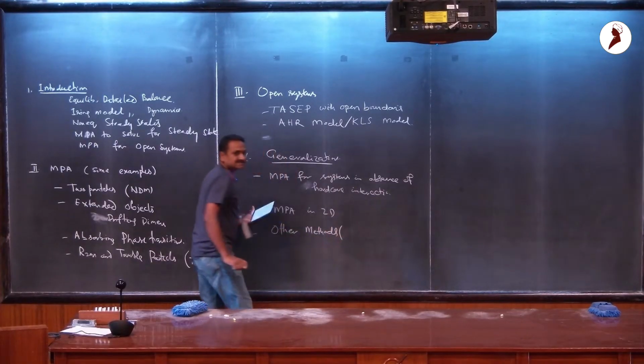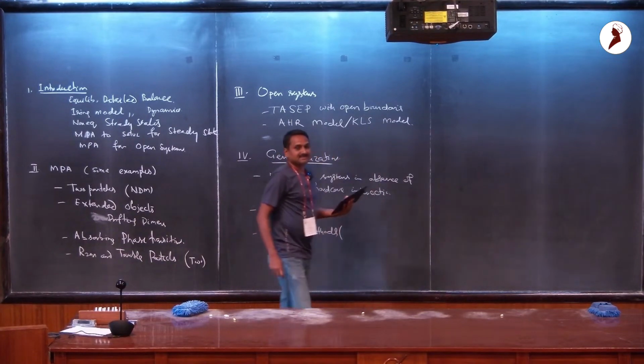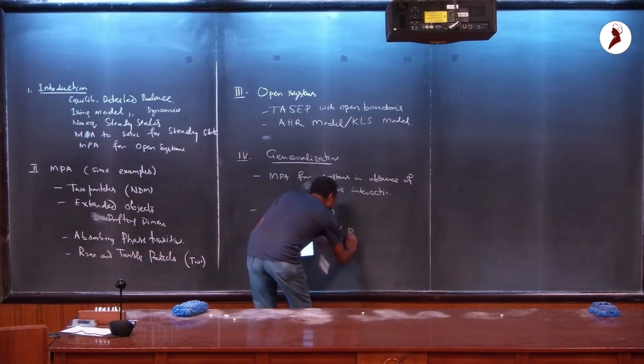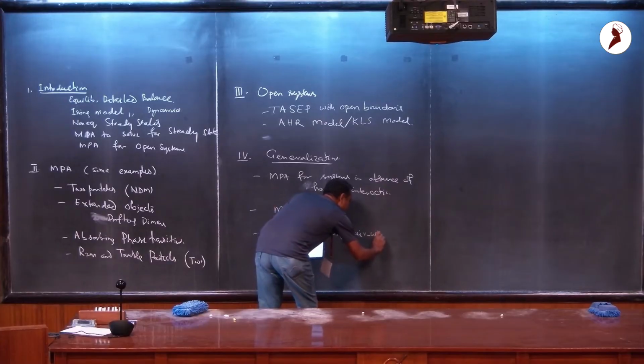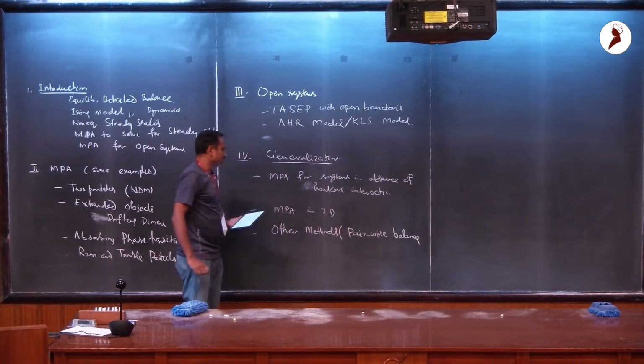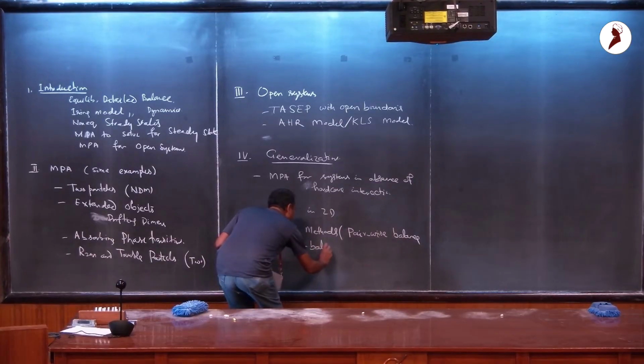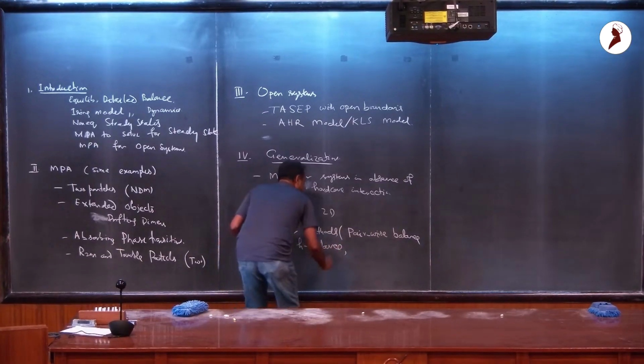So in other methods, there is something called pairwise balance. Let me write it. Pairwise balance. Because if you know the key words, I don't know whether I can touch upon this, but at least if you know the words, you can look for it. Pairwise balance, H balance, and then bunch balance.